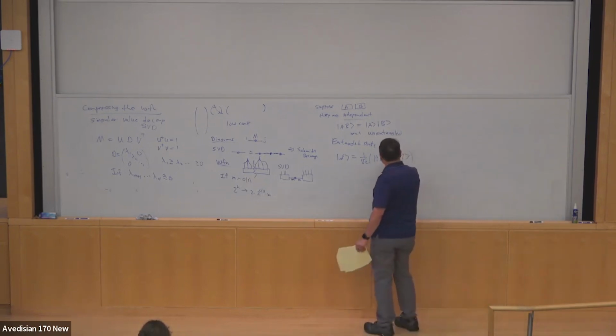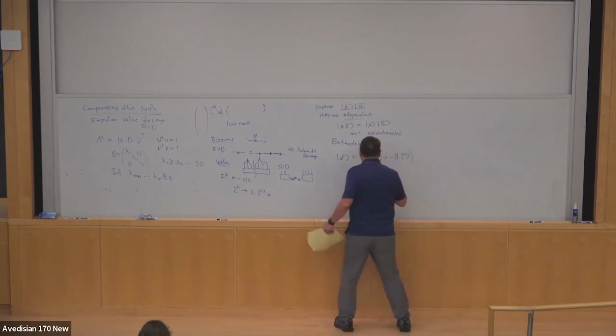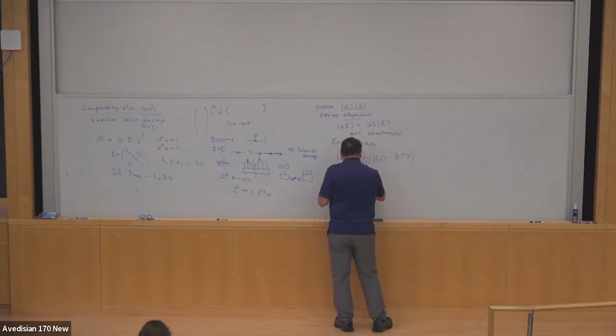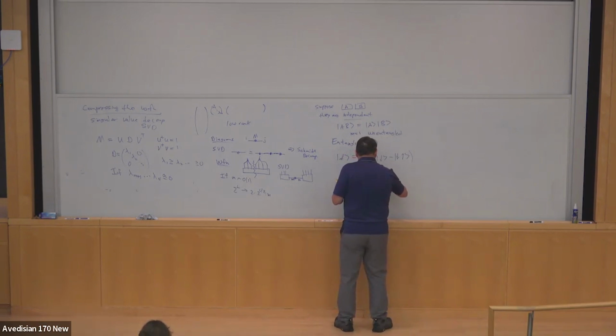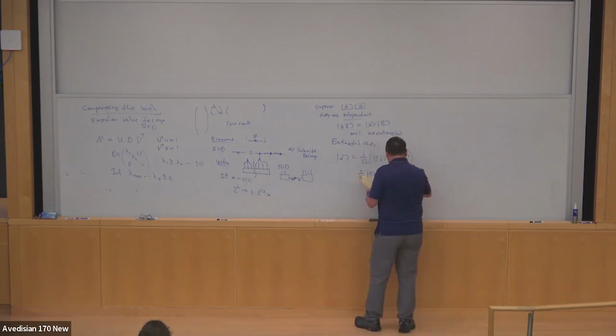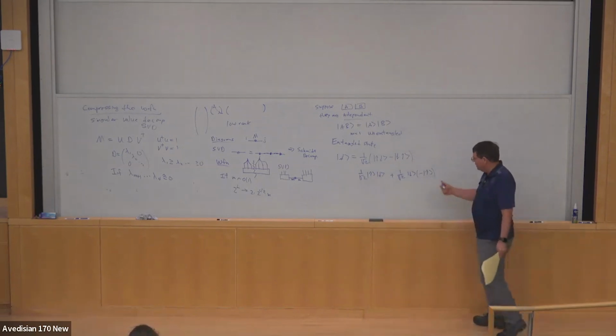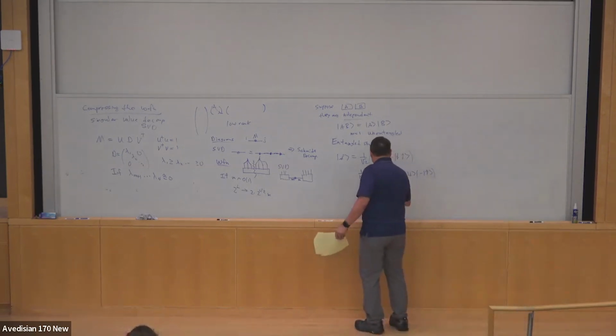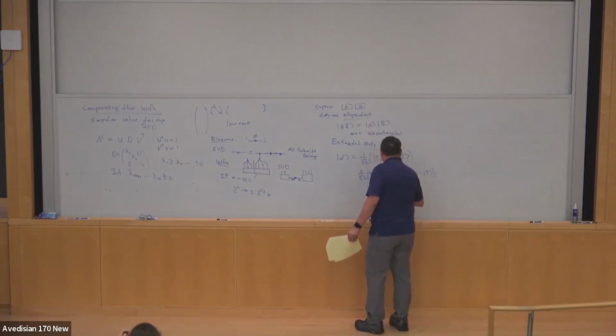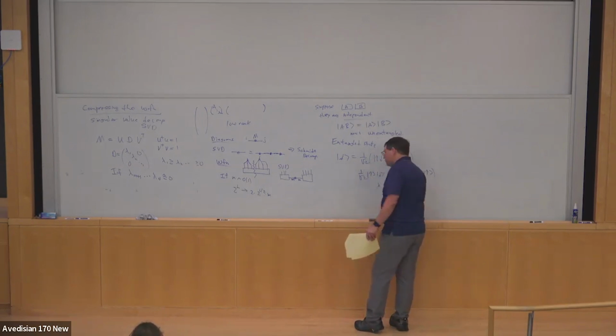We just have to put this sign into one side, so I can write it as 1 over root 2 up, down, plus 1 over root 2 down, and then minus up, right? And so lambda 1 and lambda 2 equal 1 over root 2.